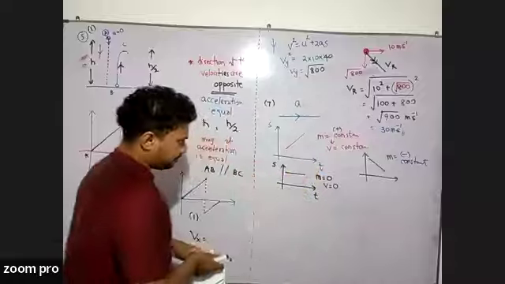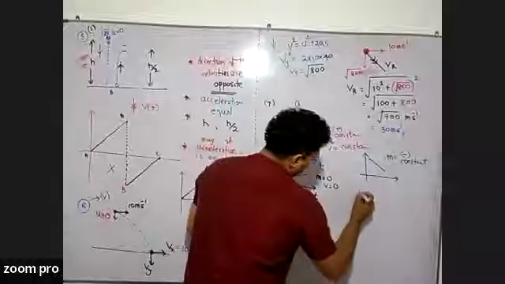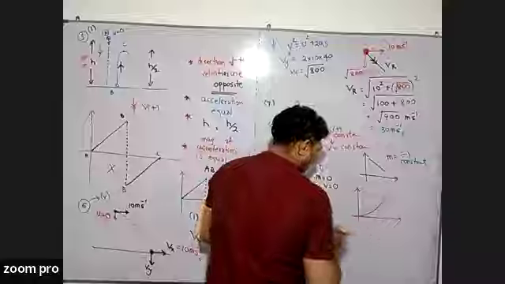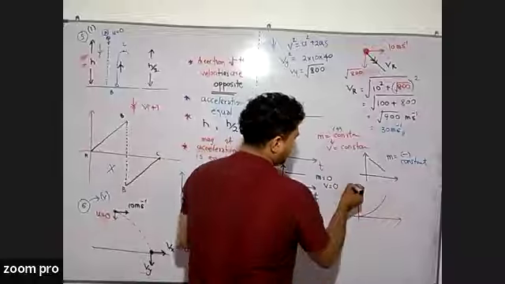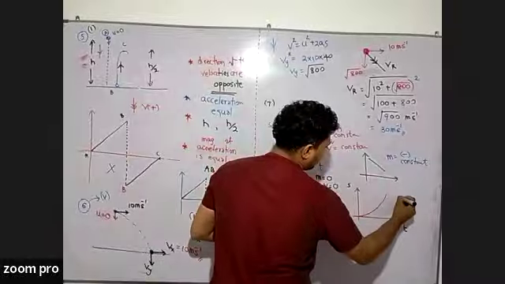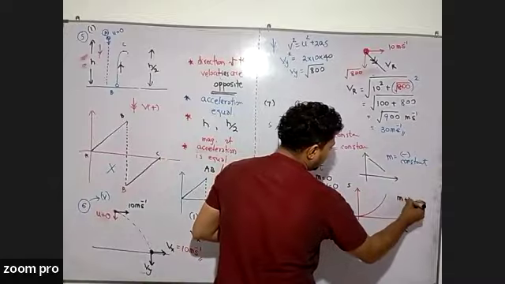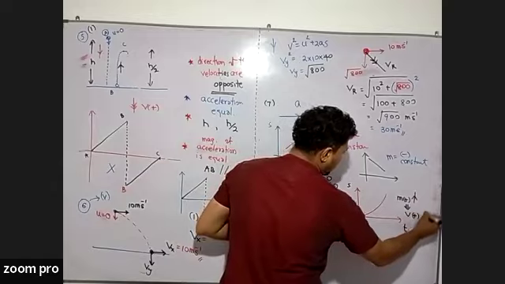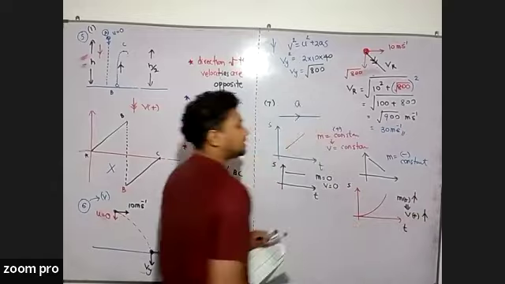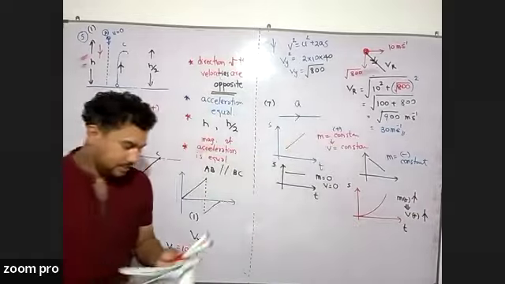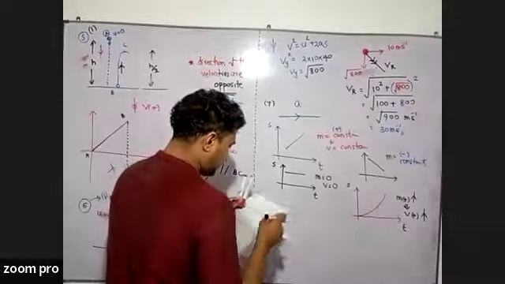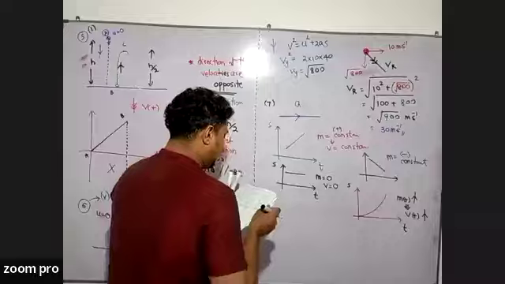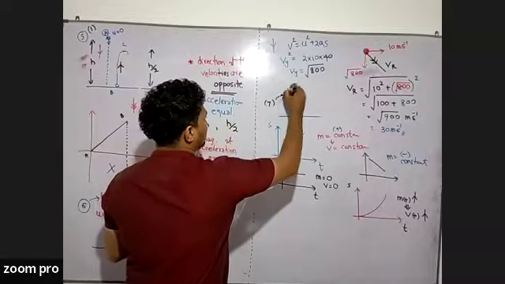So for this type of graph, you might remember that the gradient is positively increasing. Positively increasing means the velocity is also positively increasing. That obviously means acceleration, isn't it? So the answer should be the E graph, that means the fifth answer.